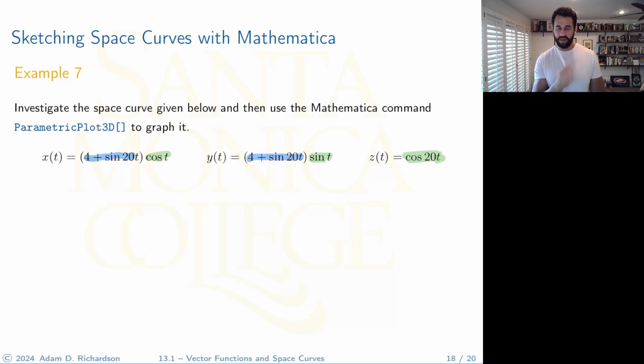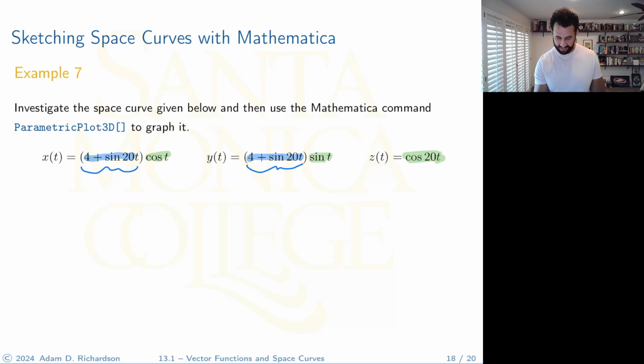However, this essentially is scaling the radius of that would-be circle. If these weren't here at all, and you just had cosine t, sine t, you would just have a standard circle of radius 1 spinning around like this. But now there's this scalar going on, so this affects the radius of that potential circle.